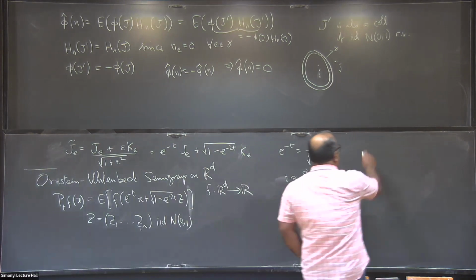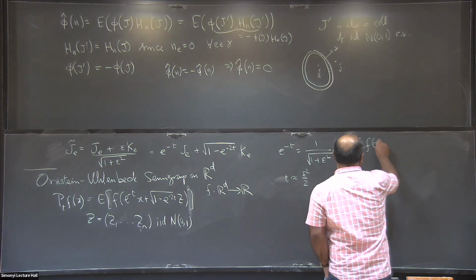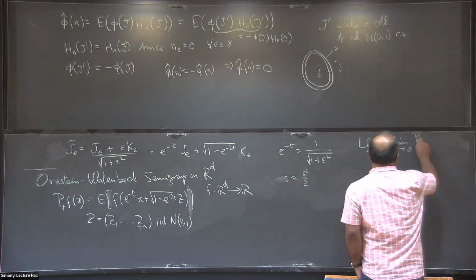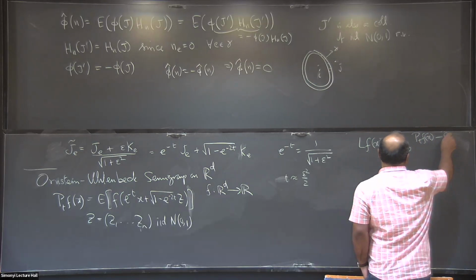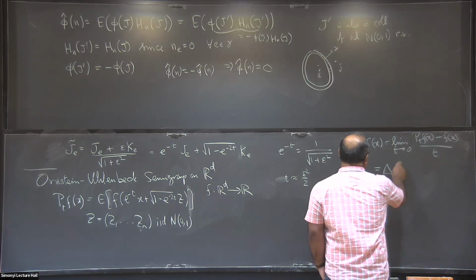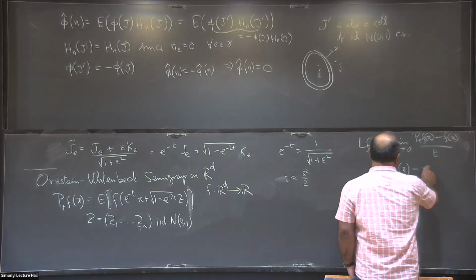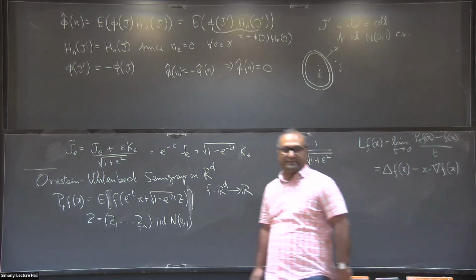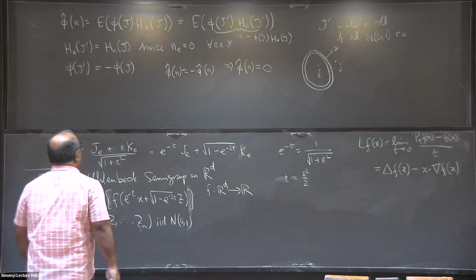And the generator for this semigroup, Lf of x, which is the limit as t goes to 0 of P_t f of x minus f of x over t, is the Laplacian of f of x minus x dot the gradient of f of x.